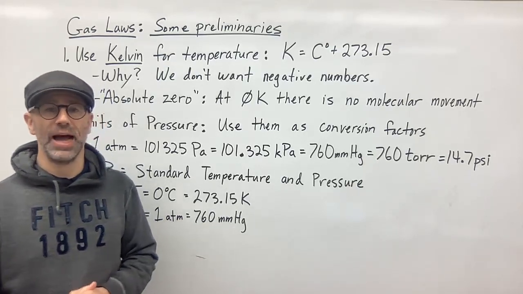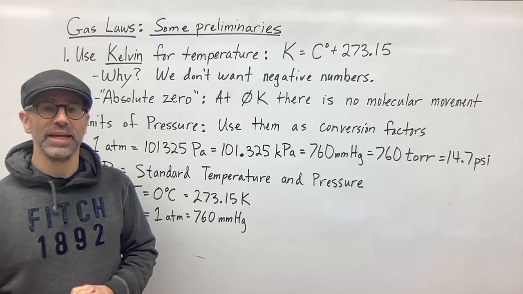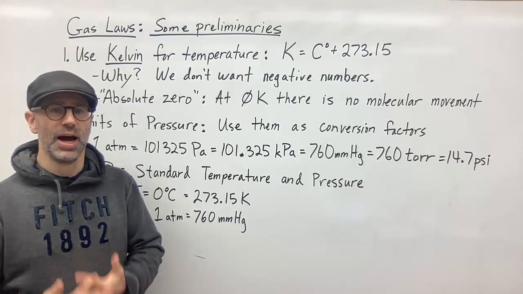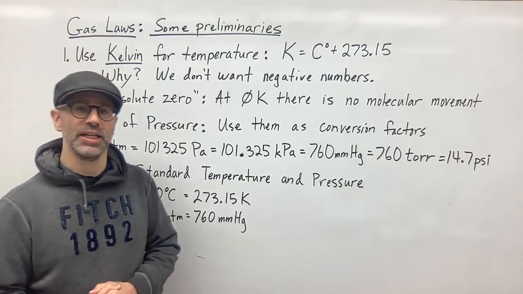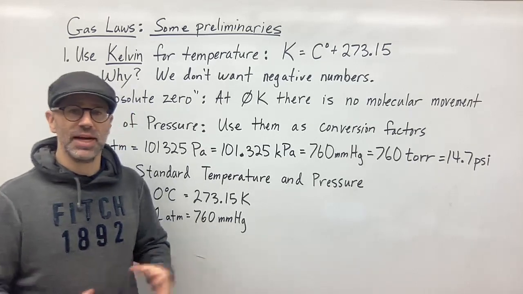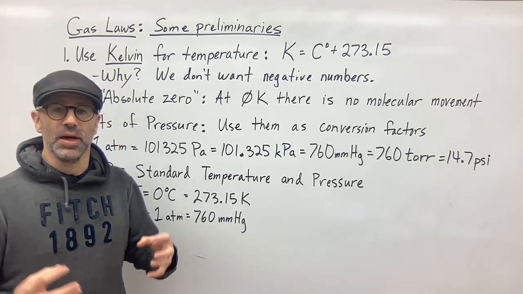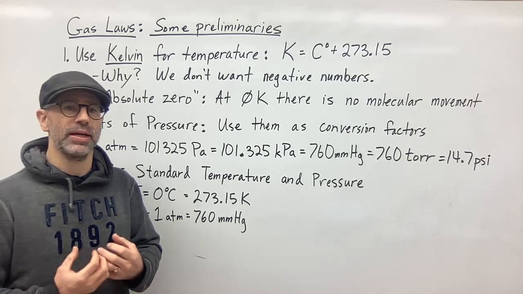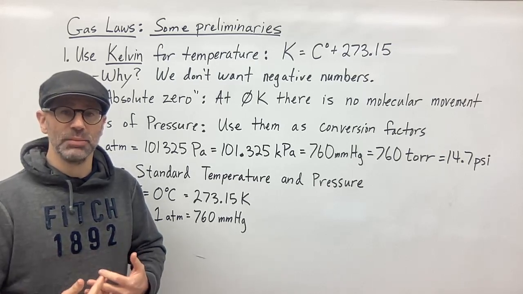That's why we call it absolute zero. You can't get a negative temperature on the Kelvin scale, and the reason is that it's based on the idea that there's no molecular movement at that lowest temperature.